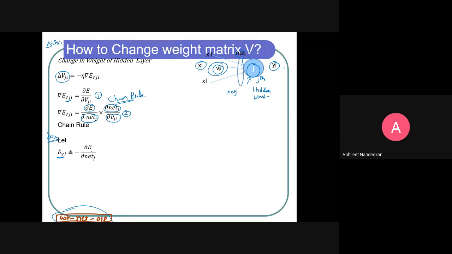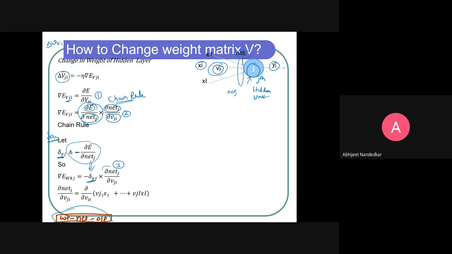Earlier it was net k, and negative of that. So this equation 2 we can rewrite as 3. I'm just writing in place of this using this definition, like this. So you can keep this for the next step.